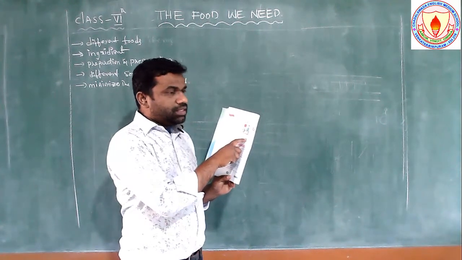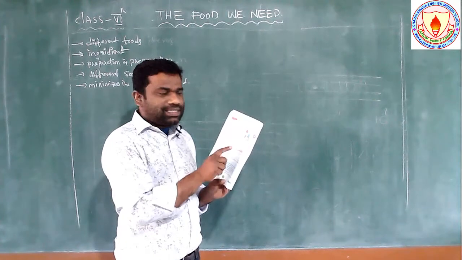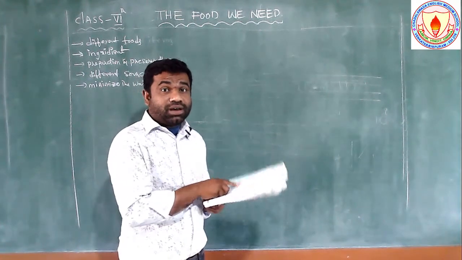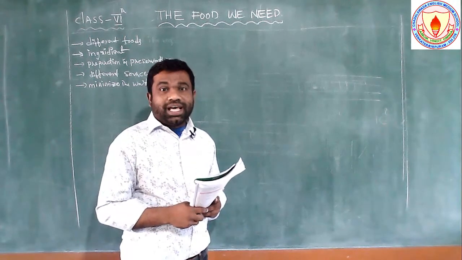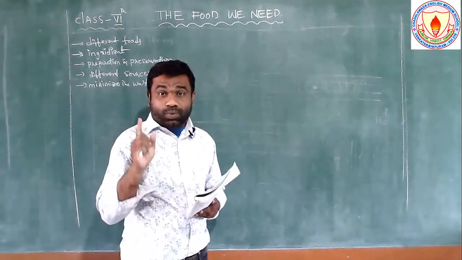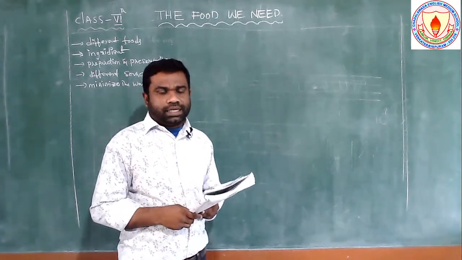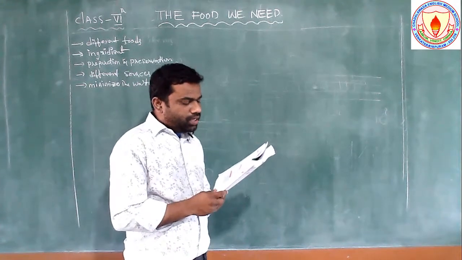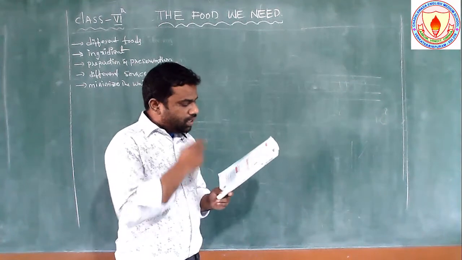Yes or no? So what is the definition of ingredients? The material which is required to prepare the food material. The required materials are said to be ingredients of the food material. So here, some food items are listed, and mention the ingredients required to prepare them in the table given.